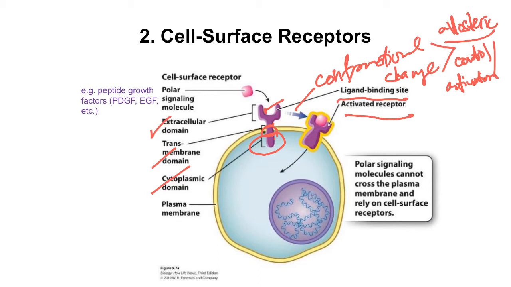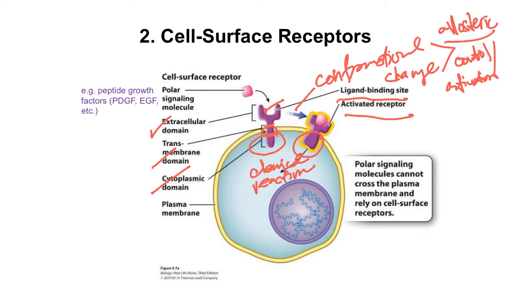And what happens is that because of the conformational change, the cytoplasmic domain becomes altered to perform some sort of function. So this triggers a chemical response or chemical reaction. Okay. So this is the fundamental principle by which cell surface receptors get activated by polar signaling molecules.